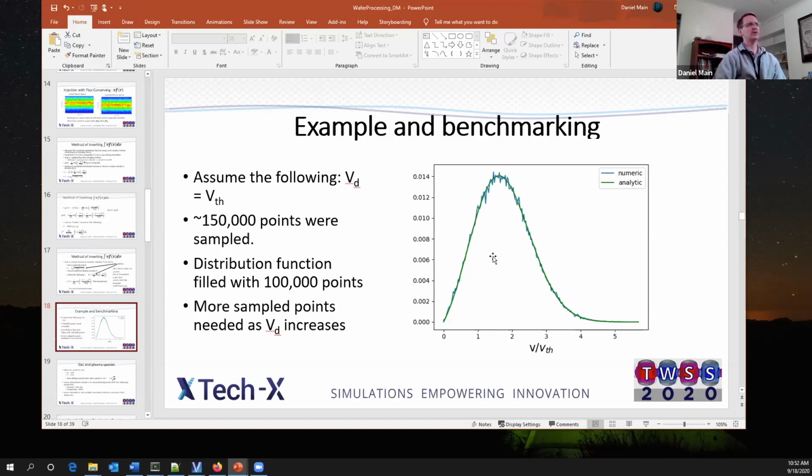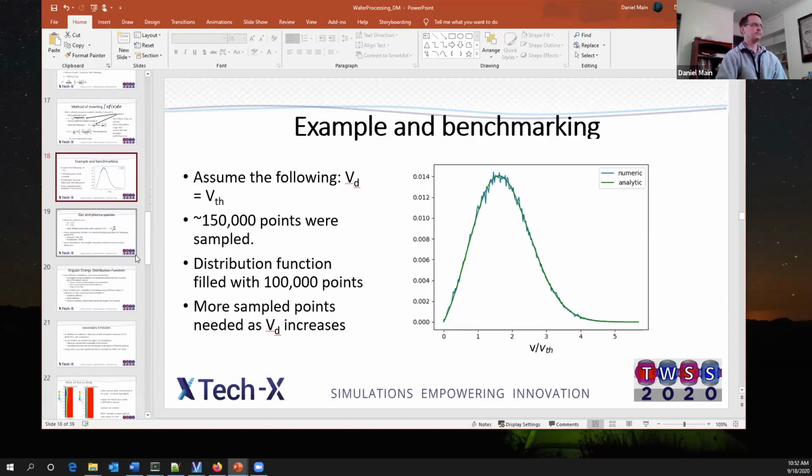So we get very good agreement with the analytic method, and we've implemented this in VSim. This was a very nice way of injecting the particles correctly, and it was very easy to implement in VSim. I just wrote this function in a Python script, and VSim calls it automatically. Okay.